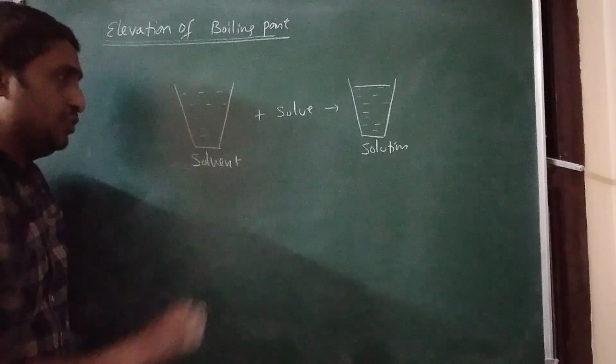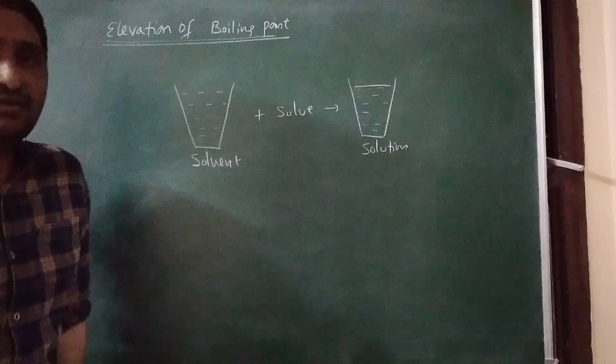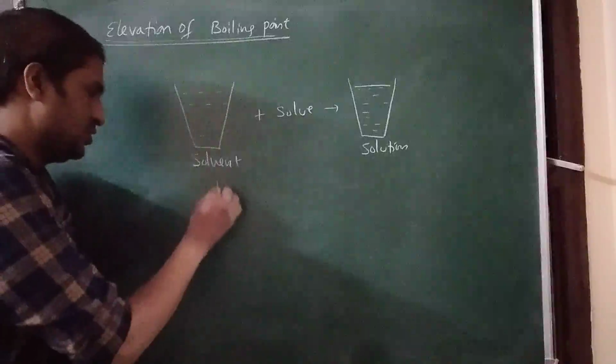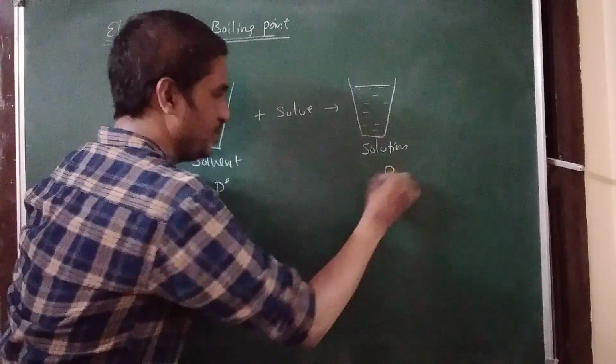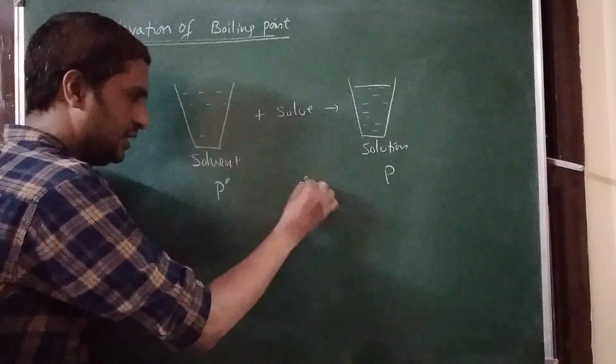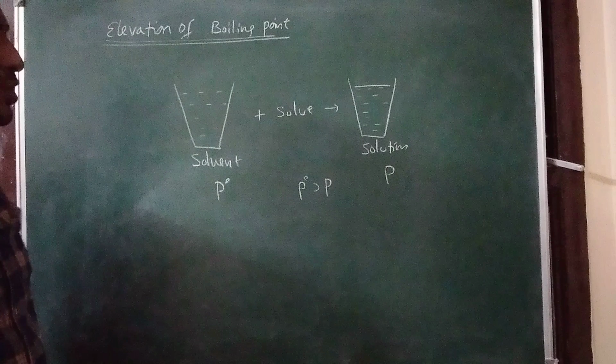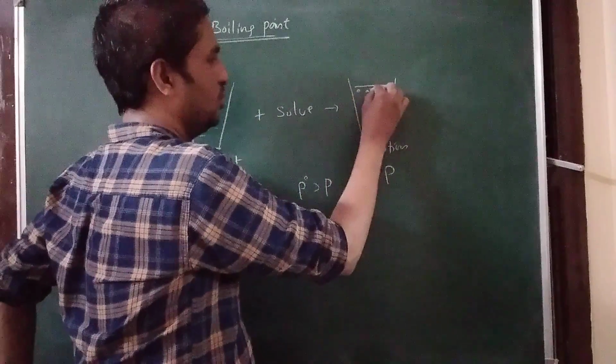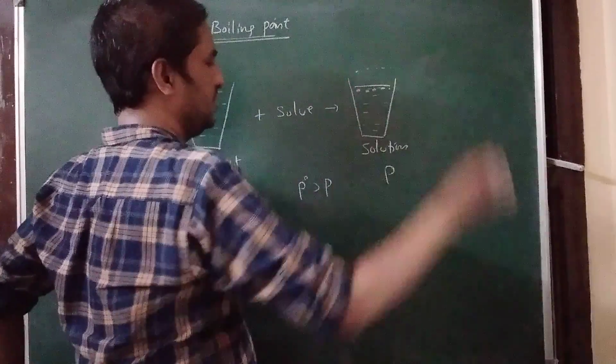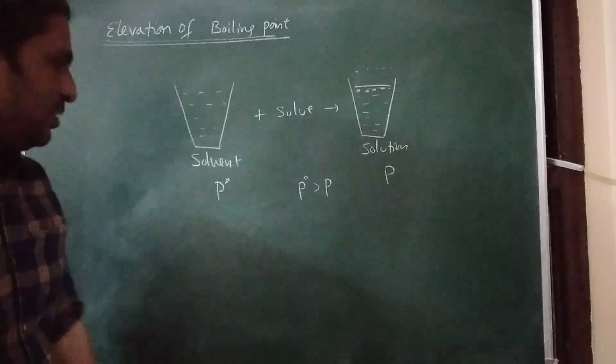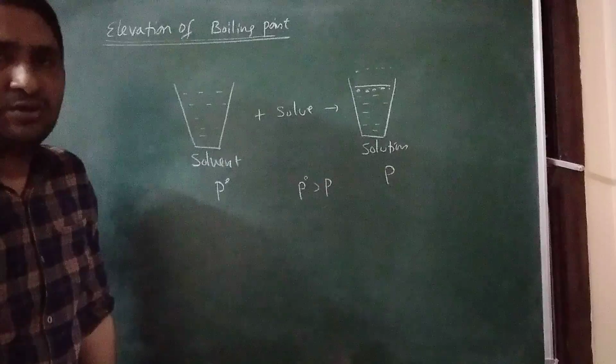We already discussed that the solvent vapor pressure is always greater than that of the solution. Suppose this one is P naught, and this one is P. P naught is always greater than P, because here some solute particles occupy the surface, so fewer molecules are in the vapor phase, and the vapor pressure decreases for the solution.